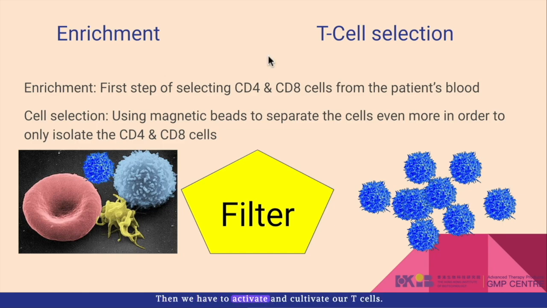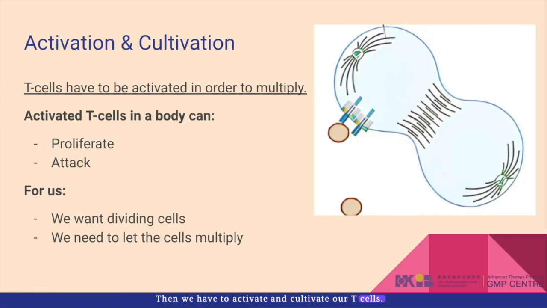Then we have to activate and cultivate our T cells. T cells have to be activated in order to multiply, as in the body, activated T cells are the ones that can proliferate and attack antigens. However, for us, we don't activate the T cells for it to attack anything at the moment. We activate them because we want the cells to multiply.